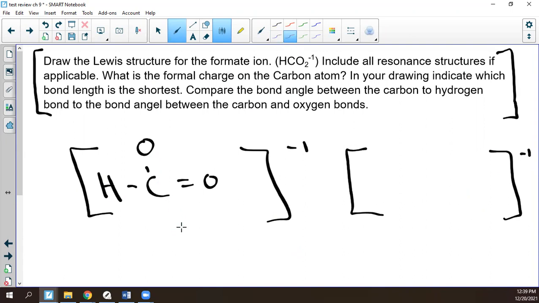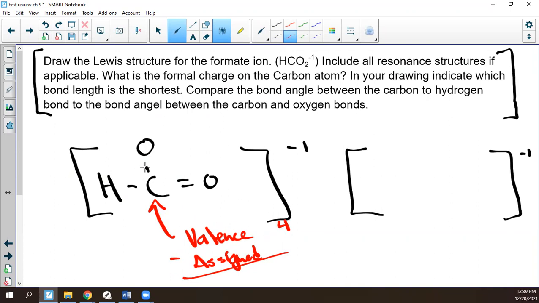Formal charge. Do you remember how to do formal charge? It was valence minus assigned, right? You with me? No, oh gosh, why do I do this job? How many valence electrons does carbon have? 4.